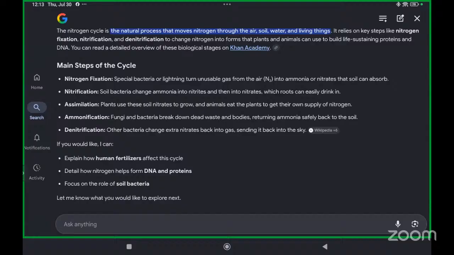Then some bacteria present in the soil convert that ammonia into nitrate that the soil can absorb.